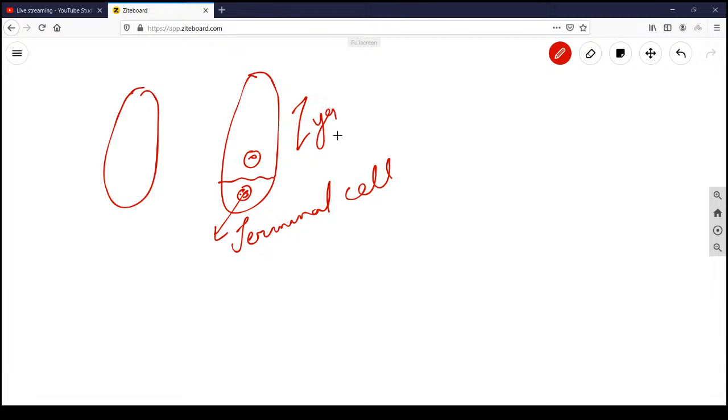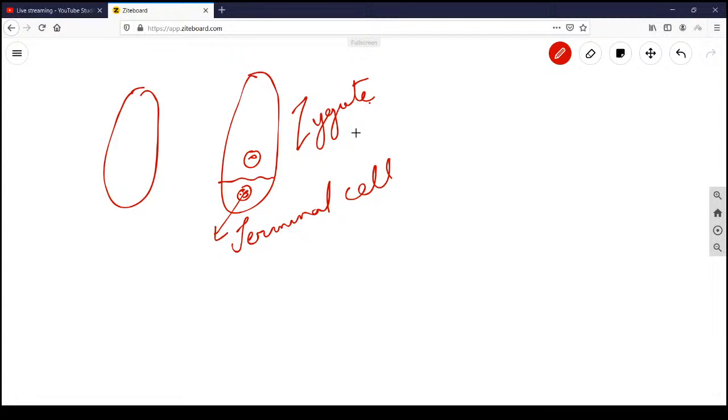Depending on the terminal cell of the two-celled proembryo, because I told you what a proembryo is: proembryo means the two-celled zygote till the differentiation of organ stage in plants. These entire stages are known as proembryonic or proembryo stages.